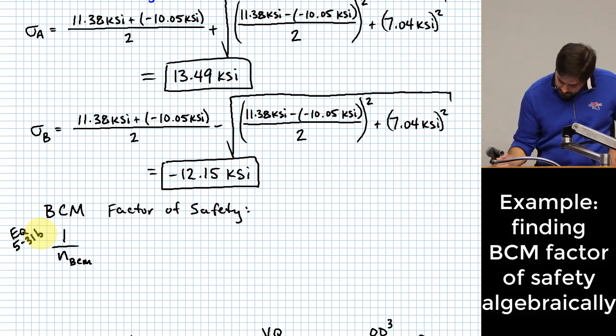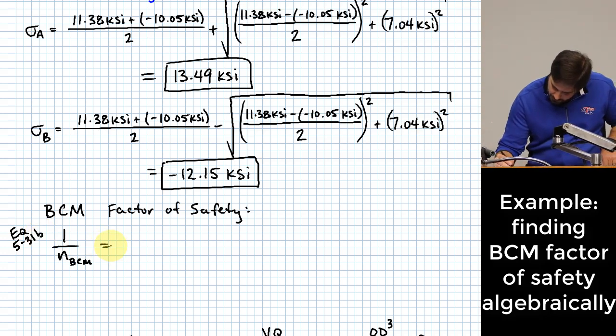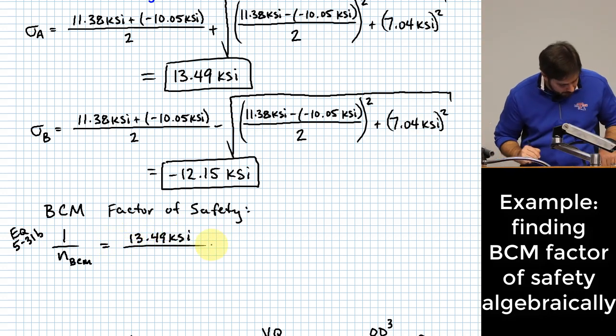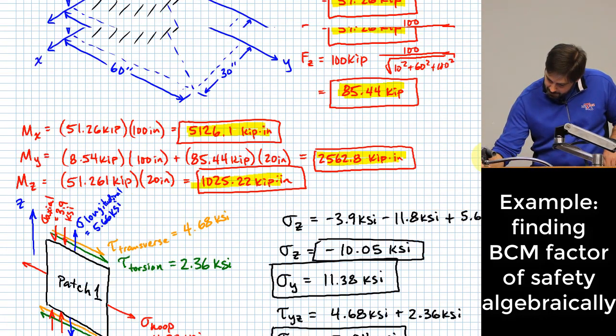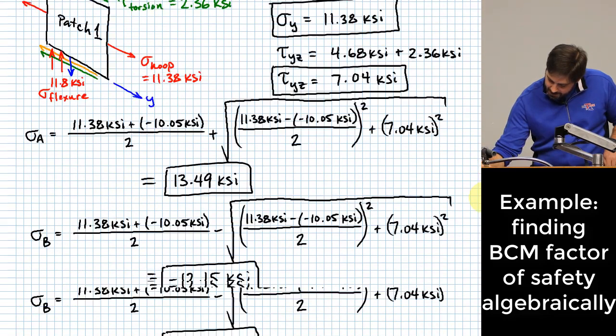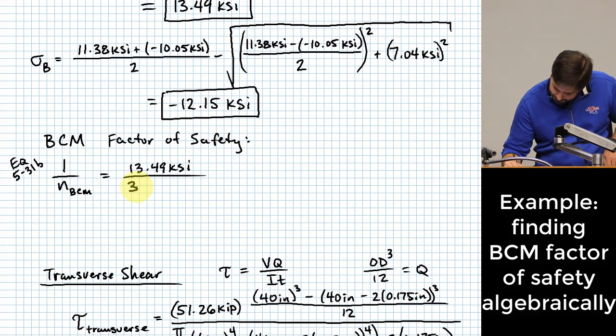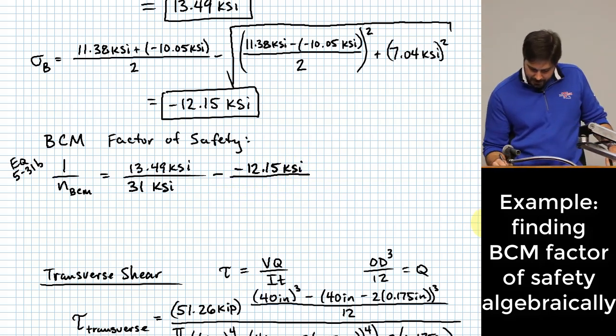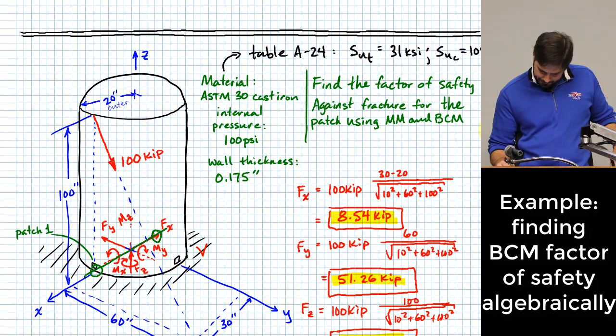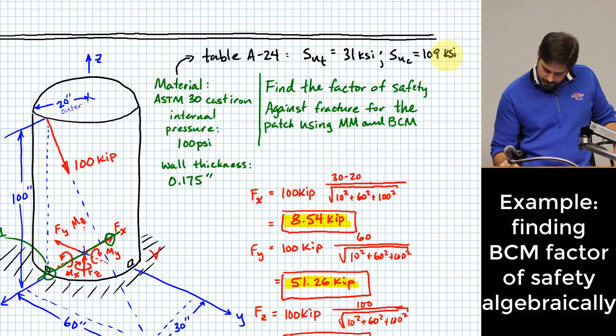It will be sigma A, which is 13.49 KSI, over my ultimate strength in tension, and we wrote that up here at the very beginning, 31 KSI, minus a minus 12.15 KSI over my ultimate strength in compression, which was over here, 109 KSI.